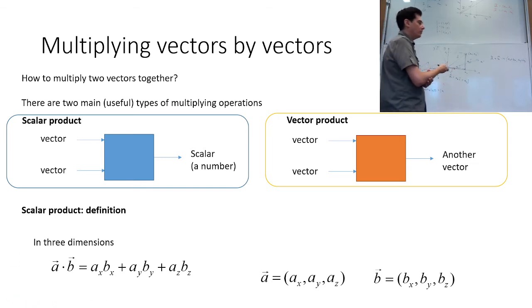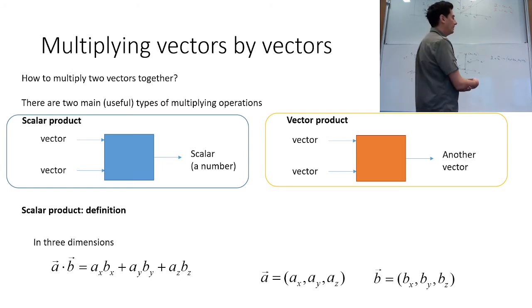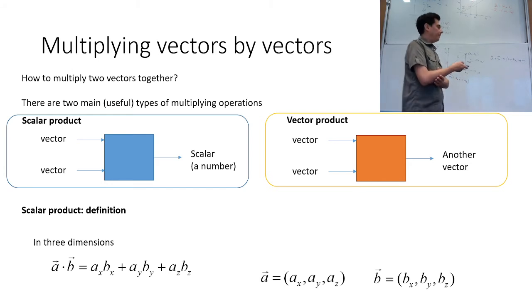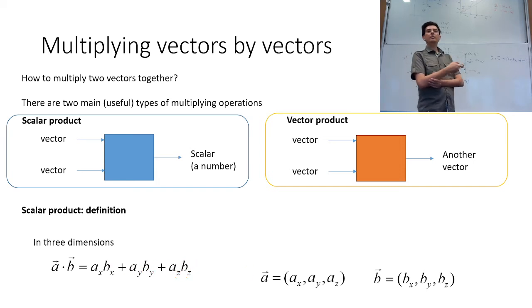And you might ask, why this particular formula? Well, it has some nice mathematical properties and it ends up being useful in physics. The rule is that you've got your two vectors, and you multiply the x components together, the y components together, the z components together, add them, and that's the output of this function.